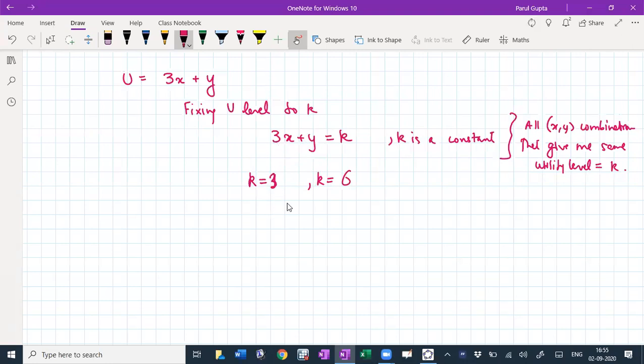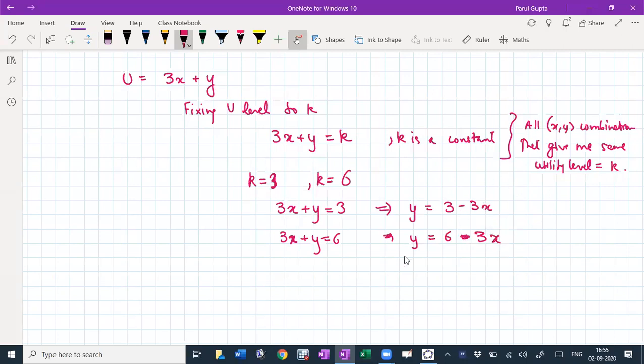Now if I just rewrite, it's an equation in two variables. These equations you should be familiar with, right? This is a linear equation in two variables. So if I rewrite it so that I put y on the left hand side and everything else on the right hand side, I will simply get y equals 3 minus 3x here, and here I will get y equals 6 minus 3x.